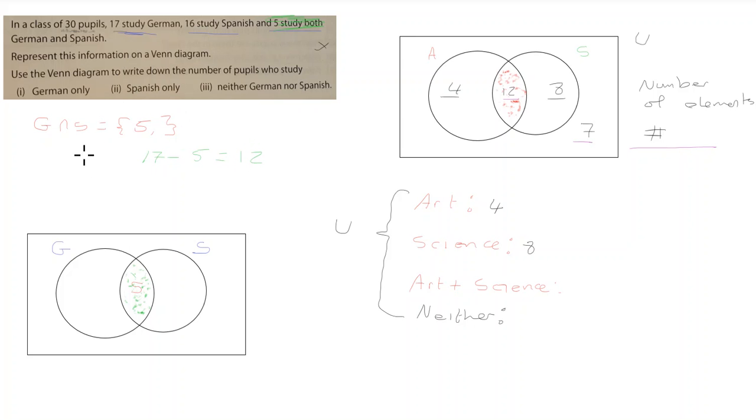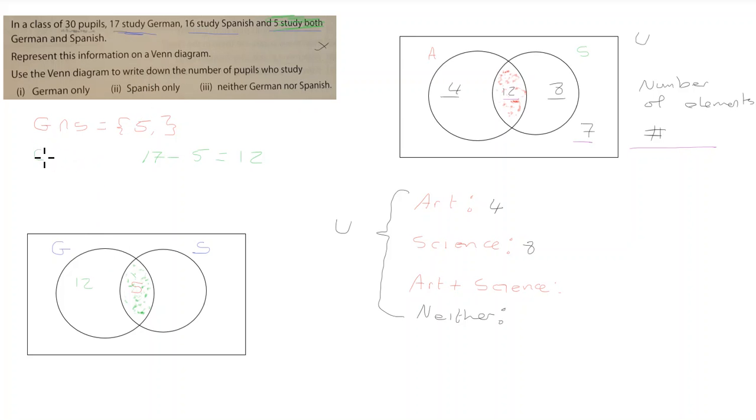The 17 represents the students that study German, but within that group there's a subset that also study Spanish, represented in this 5, so we take those away. What we're left with are 12 students that study German only, and we can put this in here.